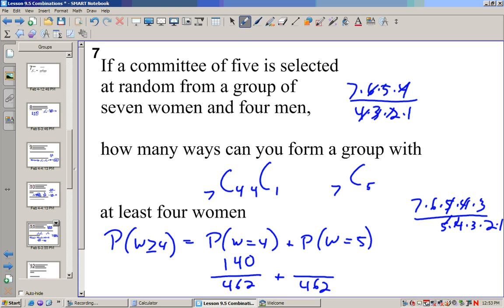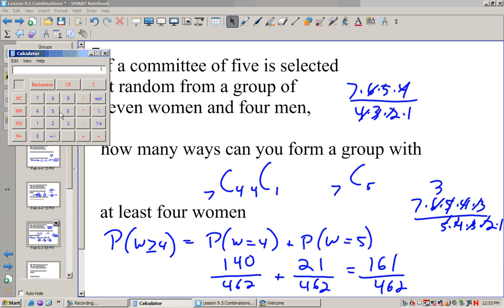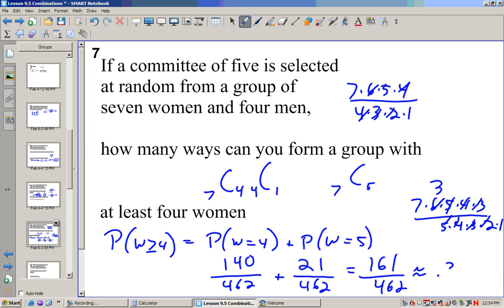These will all cancel out. 6 divided by 2 will leave 3, so 7 times 3 is 21. So when I add these up, that's going to be 161 over 462. So 161 over 462 will get us about 0.35. So there's about a 35% chance there'll be at least 4 women in the group.